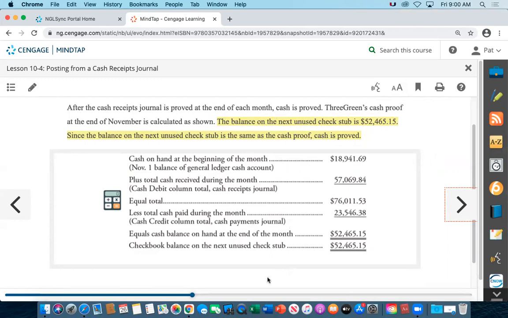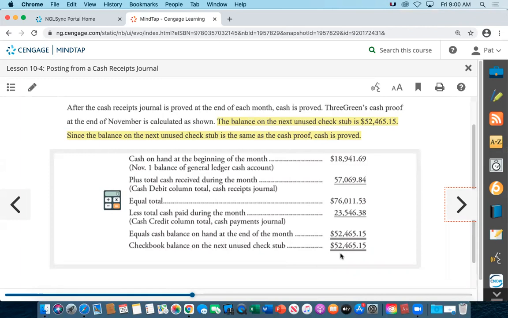We have these check stubs, we have our checkbook and we have a balance, and we understand how much money we think we should have, right? They will give you that number in your directions. So it's down here where it says that checkbook balance on hand at the end of the month equals cash on hand at the end of the month. These two, they'll give us one of these in the directions.